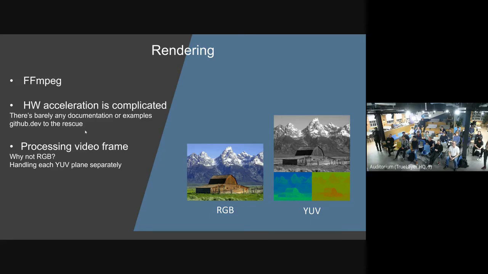It's actually stored using the YUV format, which uses a full resolution grayscale image, the brightness of the video, and then two separate half resolution color images that overlay on top of the grayscale image to produce full RGB color.